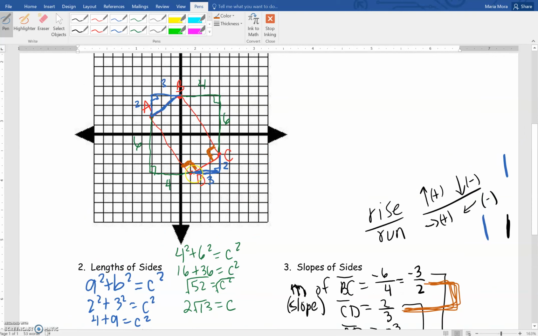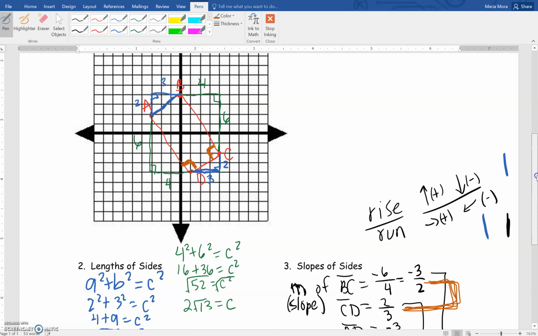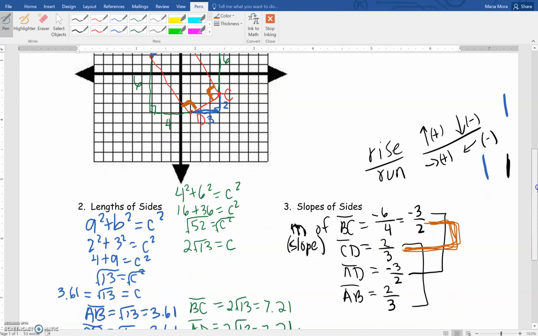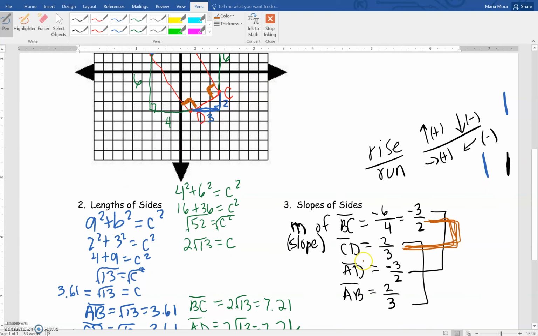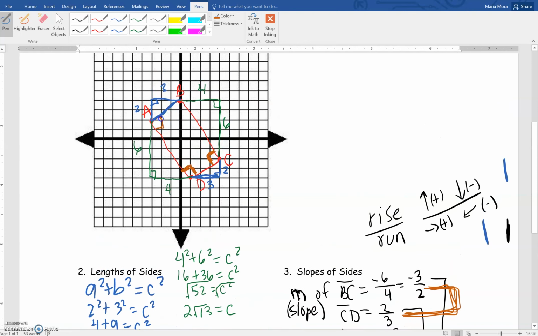And DA and BC, they're adjacent sides. And DA and BA, they're here. They are also opposite reciprocals. So yes, they're going to form 90-degree angles. And the same is true for BA and BC.